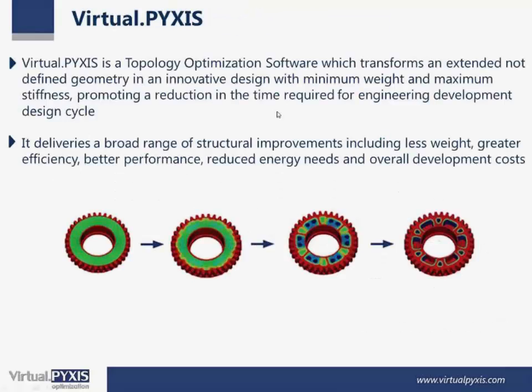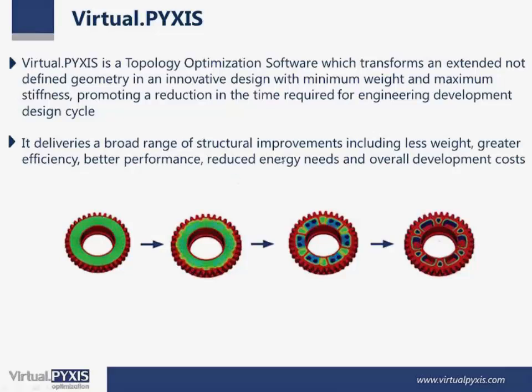So Virtual.PYXIS is a topology optimization software which transforms an extended design. So for example, starting with this condition of the gear and getting the minimal weight and maximum stiffness like that. After the iterations to get the equilibrium, you get this final design with minimal weight, and also applying some manufacturing conditions.